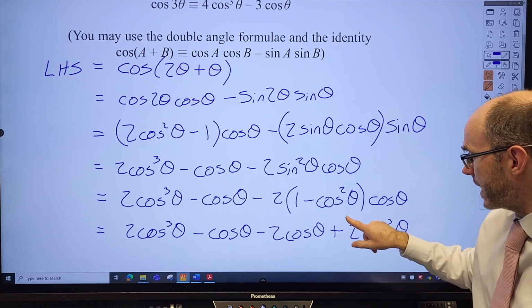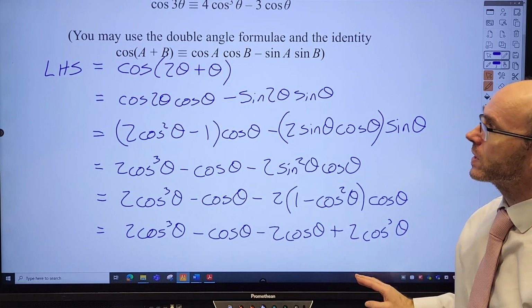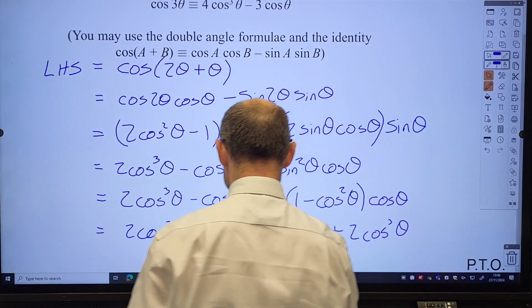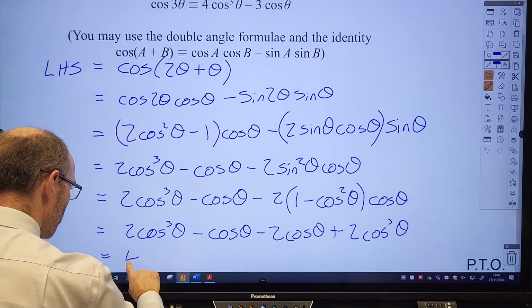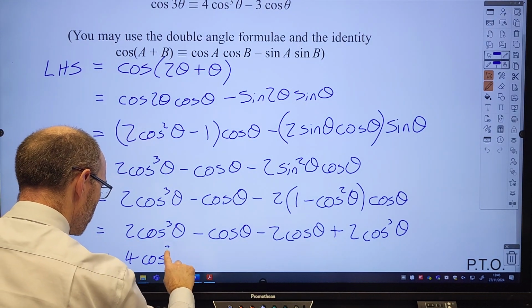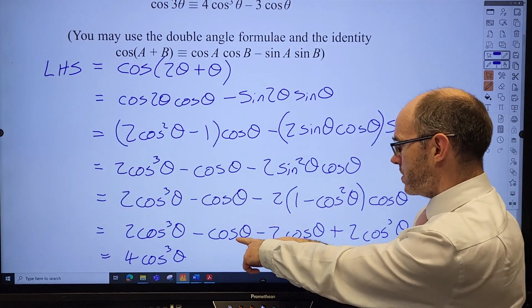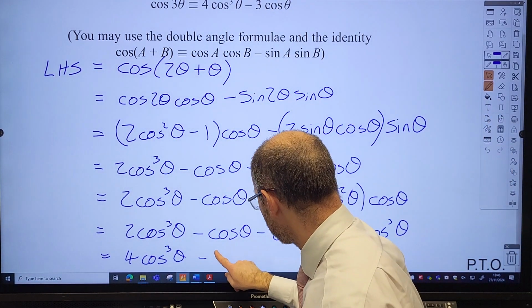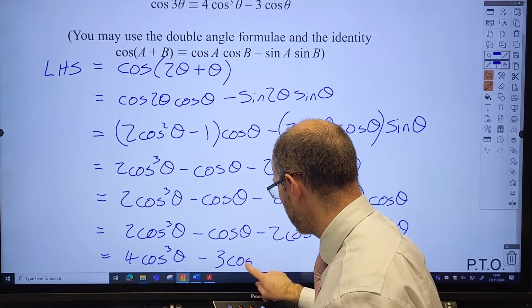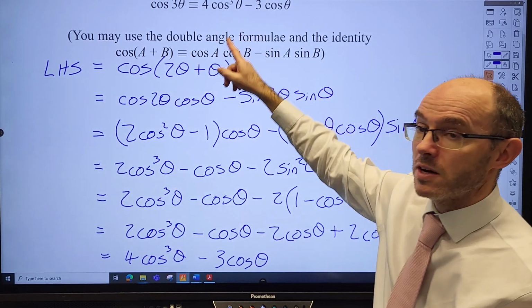So if you'd made that negative by mistake, you'd see that they will cancel, and hopefully you'd adjust that problem by rewriting it. So 4 cos cubed theta, and then this and this you want to combine to make subtract 3 cos theta, which they do. So subtract 3 cosine theta, which is the right hand side, which is what you wanted.